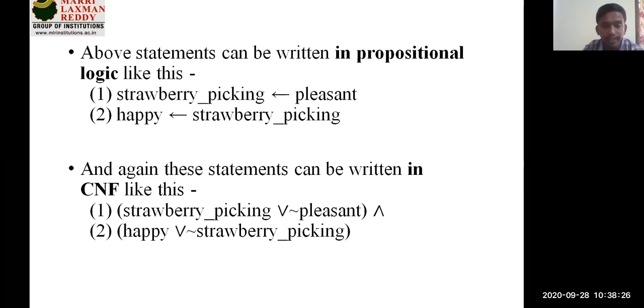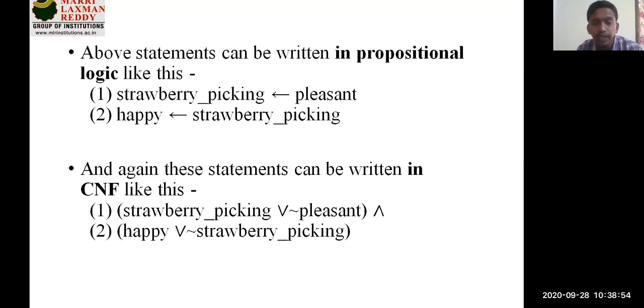And finally, you can see here, the implication is converted to a disjunction. So when I say an implication is converted to its or form, it is negation and, sorry, it is or and negation. So you can see here, pleasant implies strawberry picking is converted as negation of pleasant or strawberry picking.